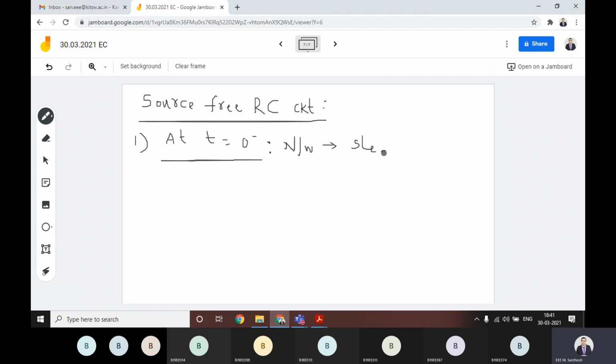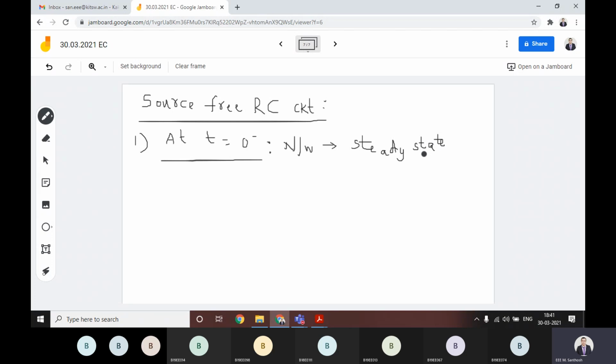Why? Because we are not operating any switch, it is operating steadily, at that position only. That means before the push.